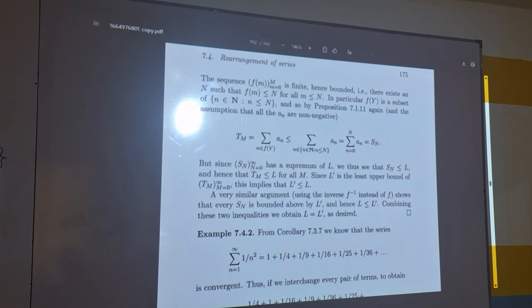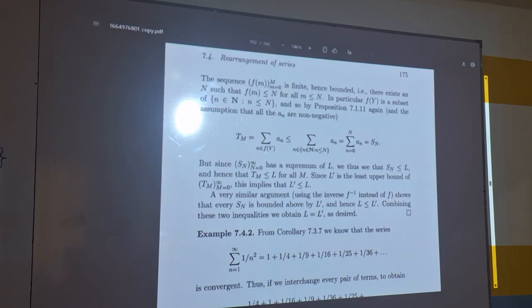No, capital M plus 1 terms are there. It is finite, hence bounded. Right? Any finite set is bounded. That is, there exists a capital N such that Fm is less than or equal to N for each M less than or equal to capital M, no?